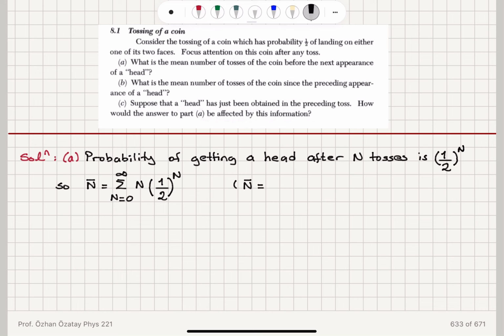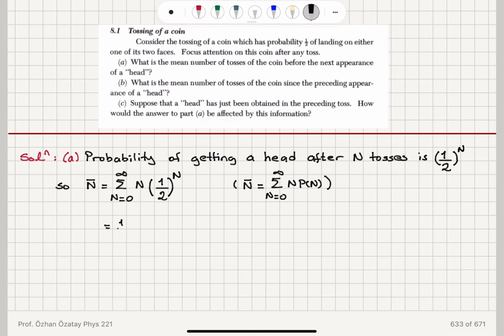The mean number of tosses of the coin before the next appearance of a head is the sum over all possible values of n multiplied by the probability of getting n.